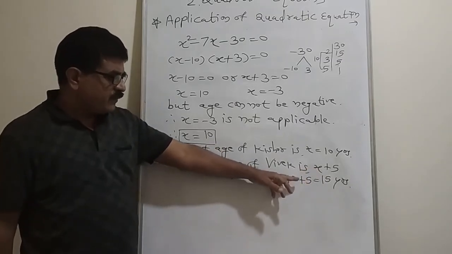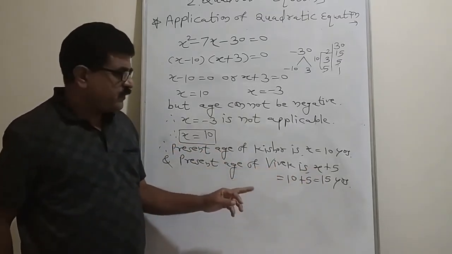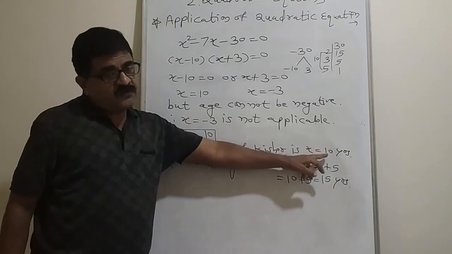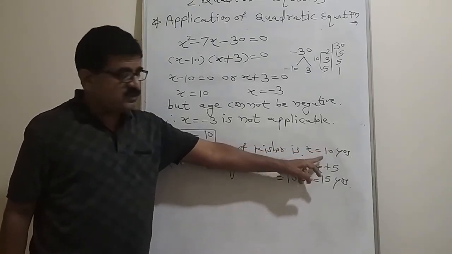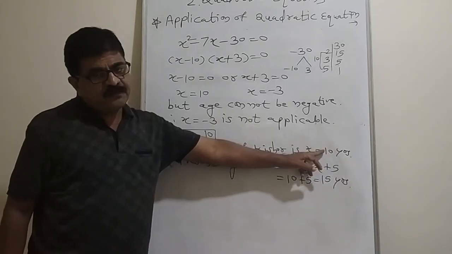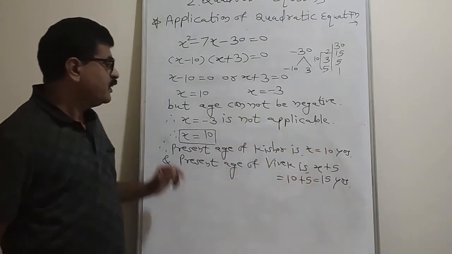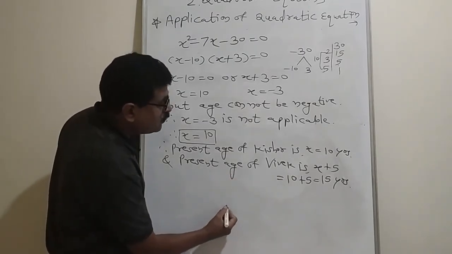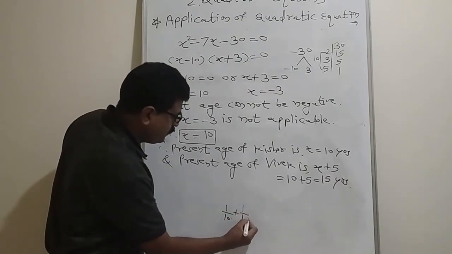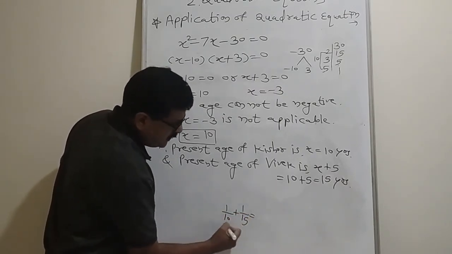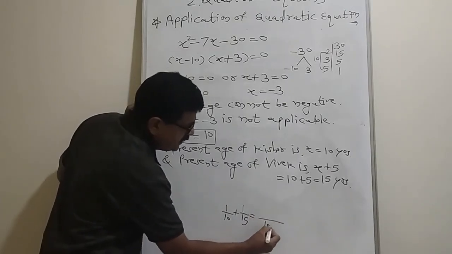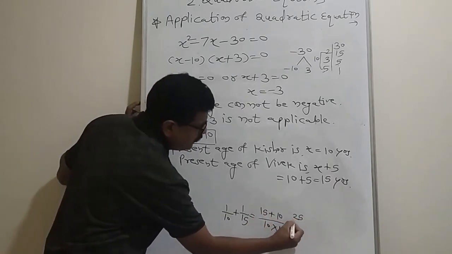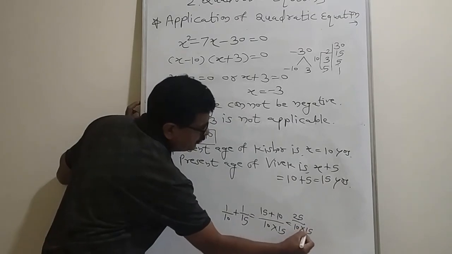Now we see whether this is correct or not. We are given the present age of Vivek is 5 years greater than Kishore's age. That is, 15 is 5 years greater than 10. And their reciprocals: 1 upon 10 plus 1 upon 15 is equal to, now taking LCM, 10 into 15, 15 plus 10 is equal to 25 divided by 10 into 15.